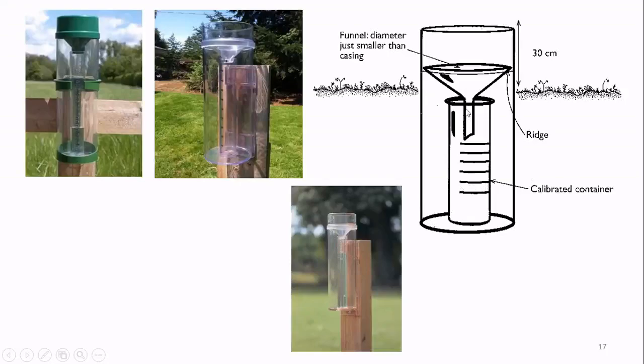Okay, there are several factors you need to know in a rain gauge. It should be inserted in the soil and should be a covered one. Why?